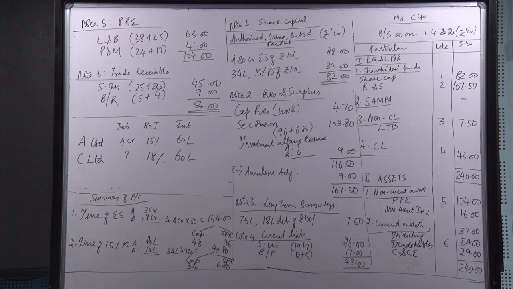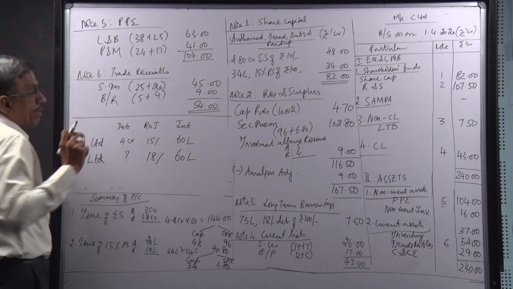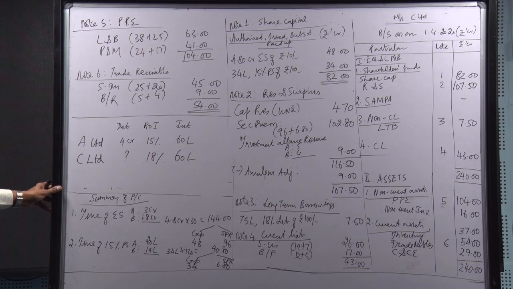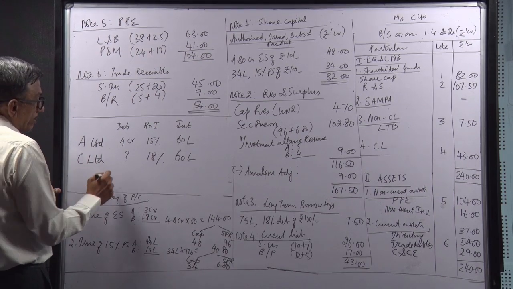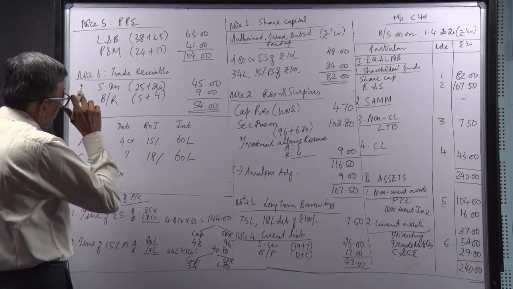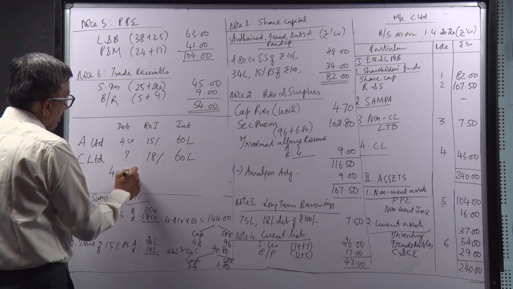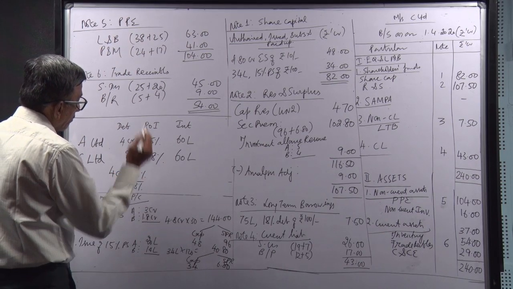So what you should do? Interest is the same, only the value of debenture will be different. So therefore, for what value debenture should be issued? It will be 4 crore into 15% by 18%.